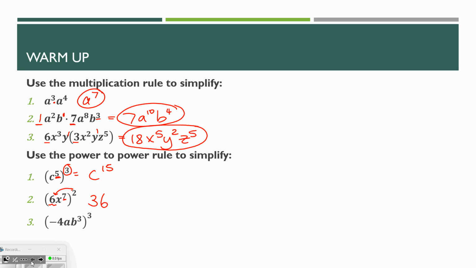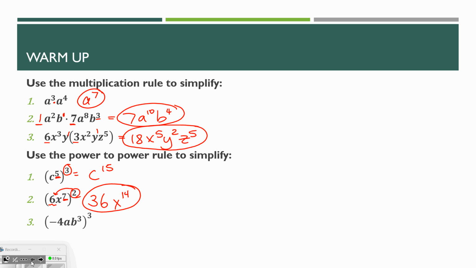And then here's an exponent. That 7's an exponent. So think about it. I have like 2 groups of 7 x's. So if I have 2 groups of 7, I have 14. I have 14 x's. So 6 squared is 36, and then I multiply the 7 and the 2.